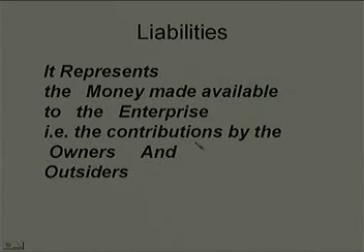Now, coming to liabilities, as you can see, it represents the money which is made available to the enterprise or the company. Basically this is the contributions by the owners as well as the outsiders. For example, if you remember the previous exercises, we had one Mr. David who had taken some money from his bank account and opened a company. That is classified as the owner's fund.